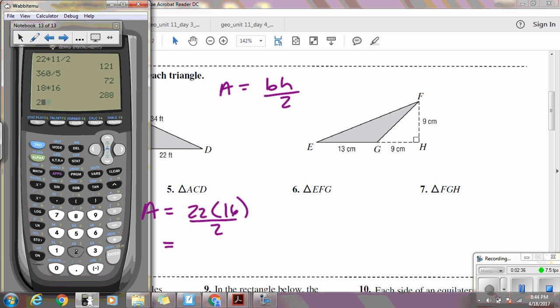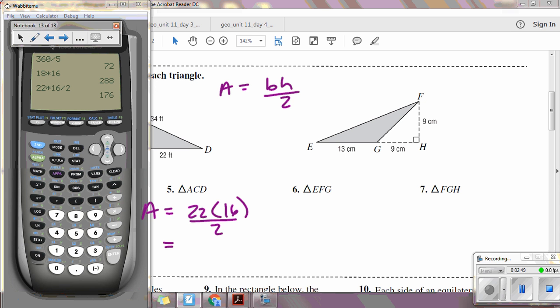So 22 times 16 divided by 2 is 176. So 176 feet squared. For number 7, we're going to find the area of triangle FGH, which is the non-shaded triangle.